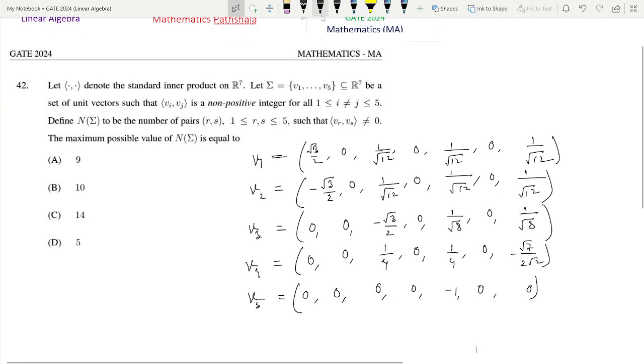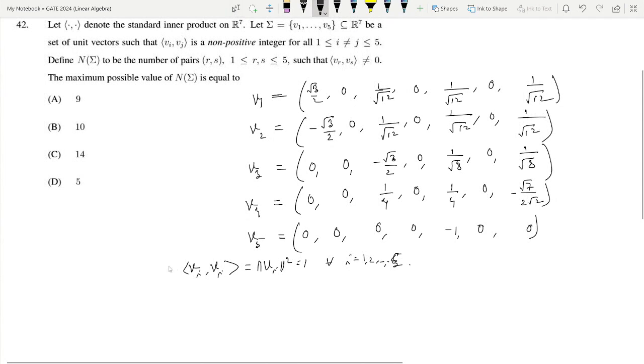Just verify that for all i, norm Vi squared is equal to 1 for i equal to 1, 2, ..., 5, and then verify that for all 1 ≤ i ≠ j ≤ 5, the inner product Vi Vj will be less than 0. Just check.